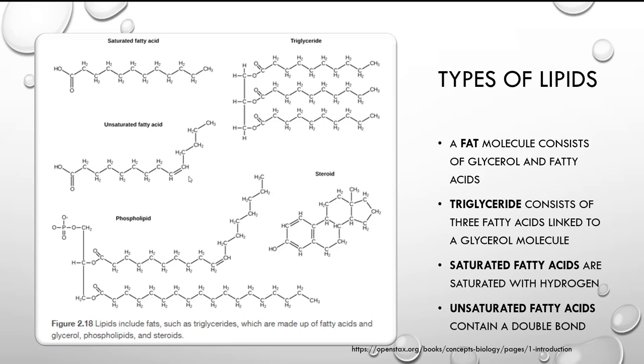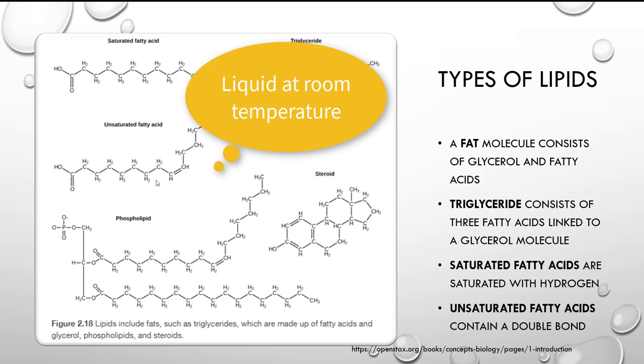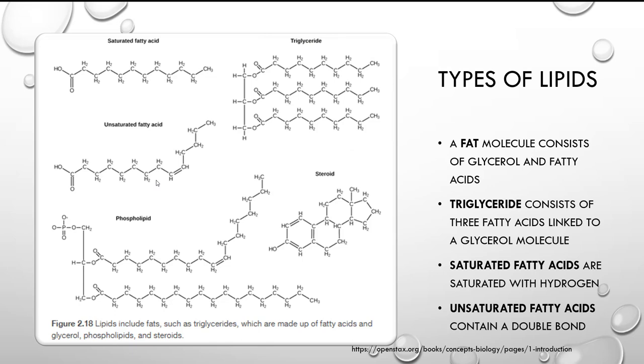Because it has these little kinks in the chain, it's more spread out. If you think about food products that are more unsaturated fats, they tend to be more liquid at room temperature. Think of vegetable oils, like olive oil, which is liquid at room temperature. Plant-based products tend to be higher in unsaturated fats, whereas like butter, animal-based products tend to be higher in saturated fats.